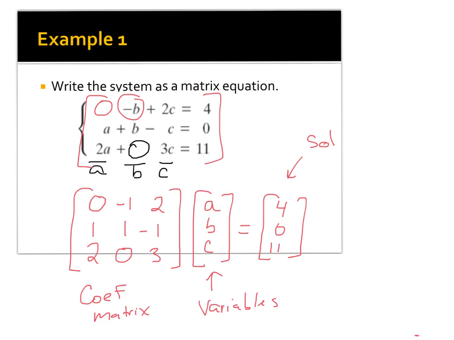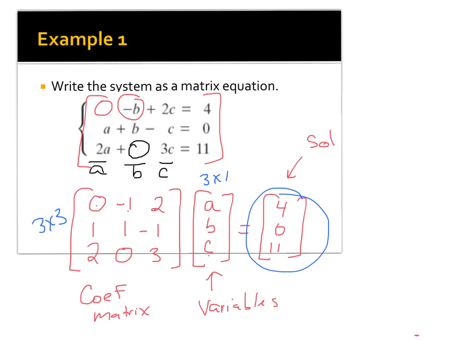Okay, and now think about matrix multiplication. If I take a 3 by 3 and multiply it with a 3 by 1, it's going to equal a 3 by 1. And notice, what's this?